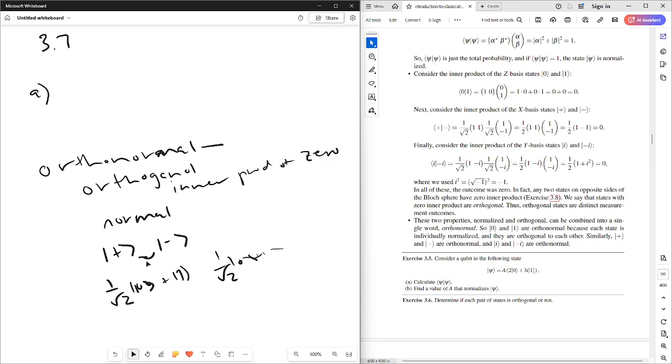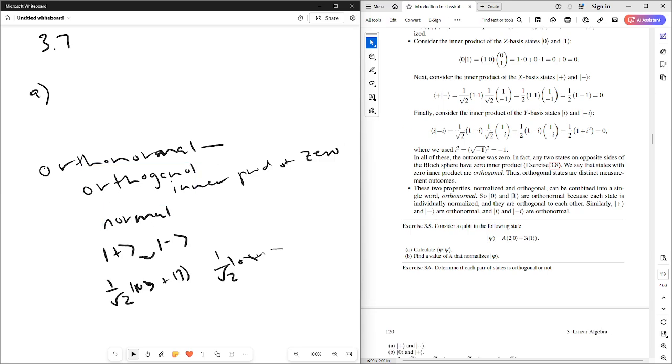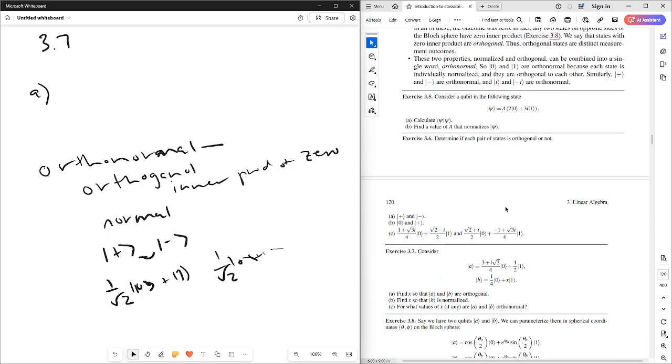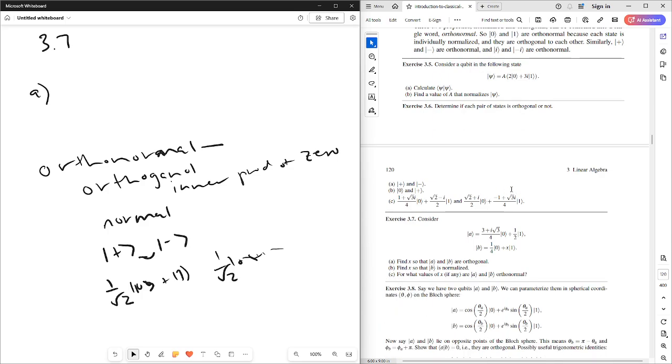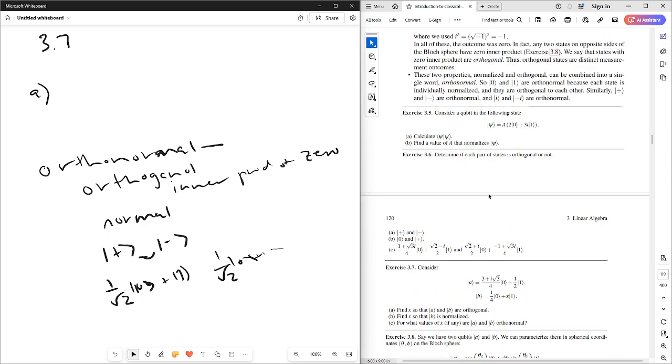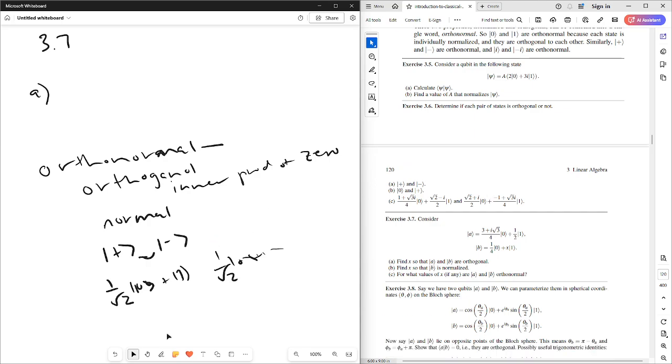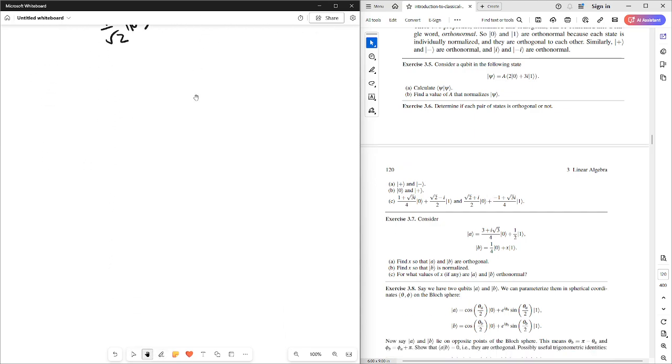So orthonormal just means they're orthogonal and normalized. Orthogonal just means that they have an inner product of 0. Yes, norm square, L2 normalized.